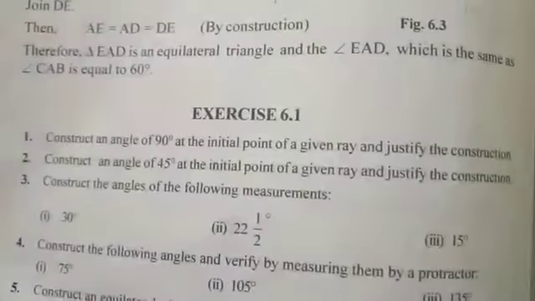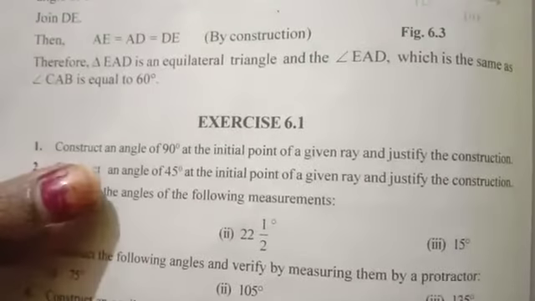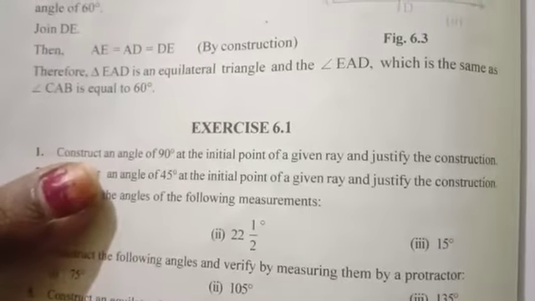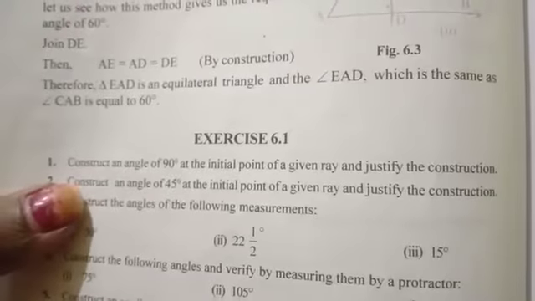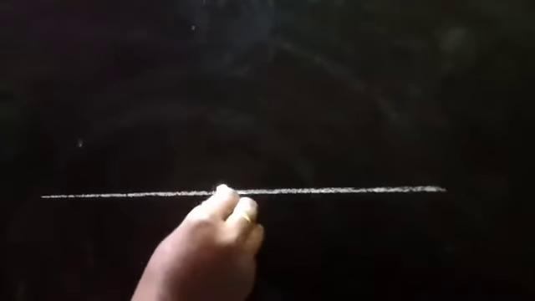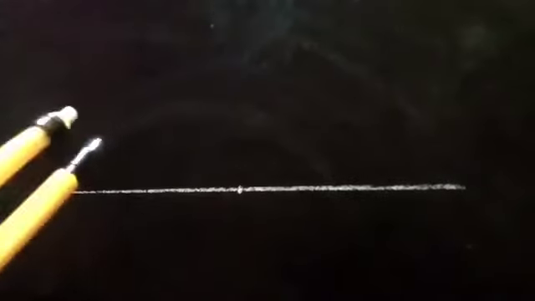Exercise 6.1. The first question is, construct an angle of 90 degree at the initial point of a given ray and justify the construction. Without a protractor, we are going to draw 90 degree. First, take a straight line. Keep any point here. From this point, we are going to draw the semicircle.